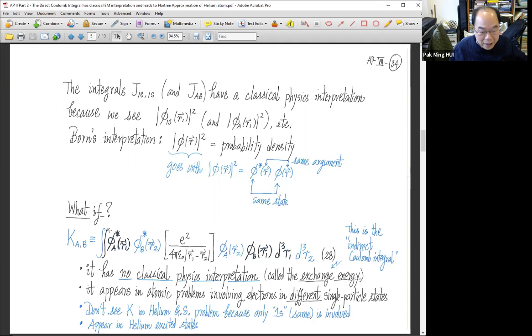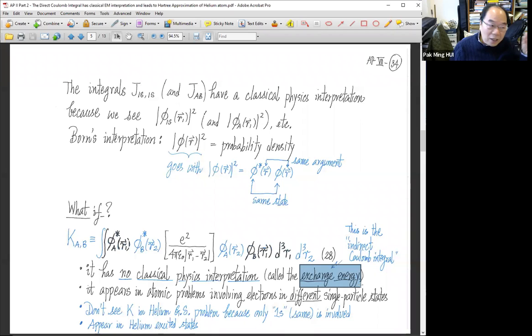So nowhere can you find such a product. Nonetheless, it is no more, no less, a 6-dimensional integral. You do the integral, you will get an energy out of it. Now, this is what the indirect Coulomb integral is about. A more common term is the exchange integral or the exchange energy.